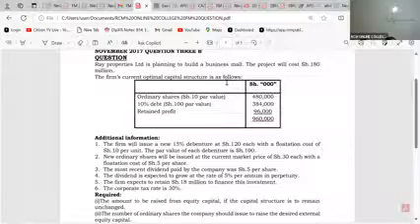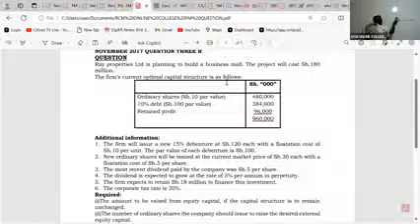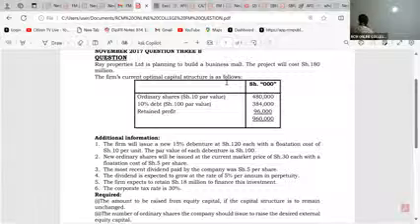So the first thing that a good student should be able to do is to give us the optimal capital structure weights.